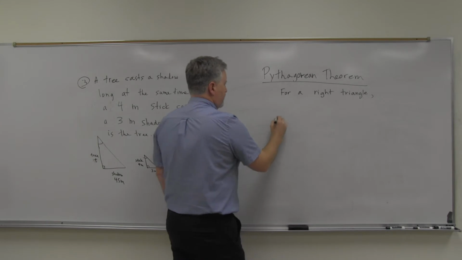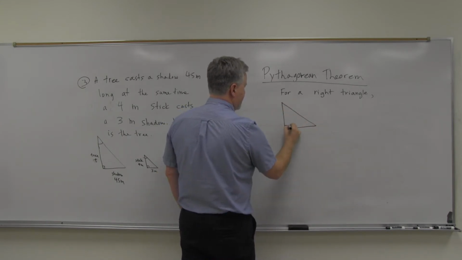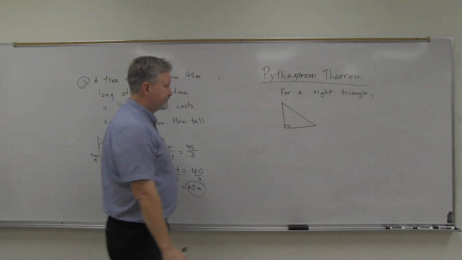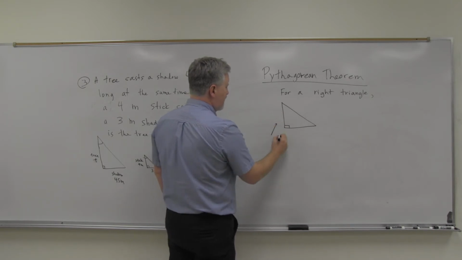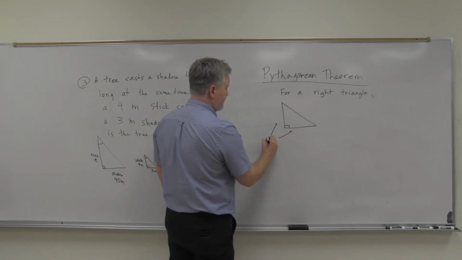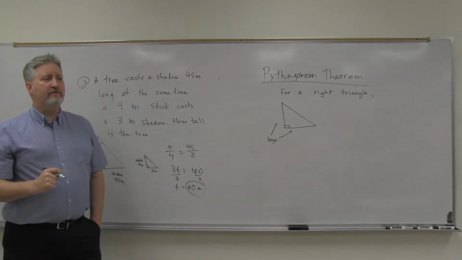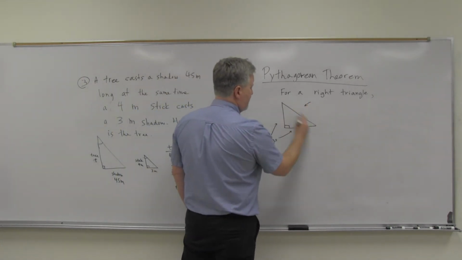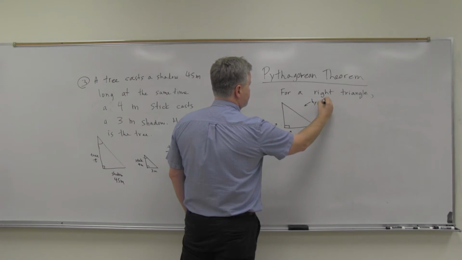So let's talk about the right triangle. We know we've got a right angle, a 90-degree angle. The two parts that make up the right angle are called the legs. The longest side, the side opposite the 90-degree angle, is called the hypotenuse.